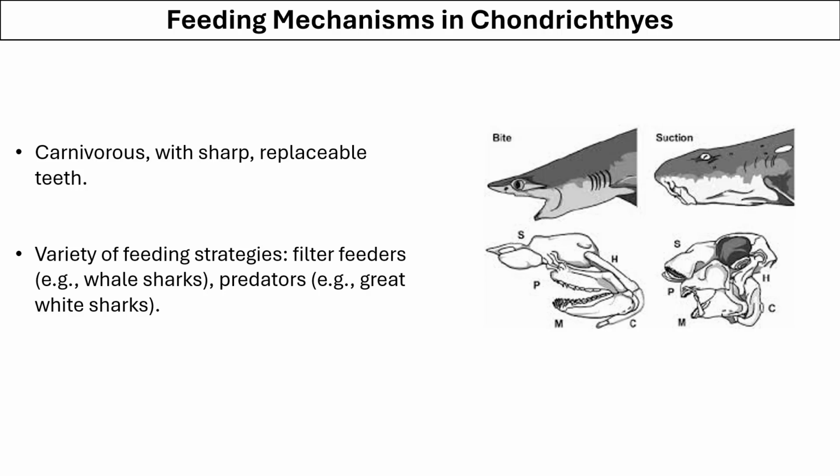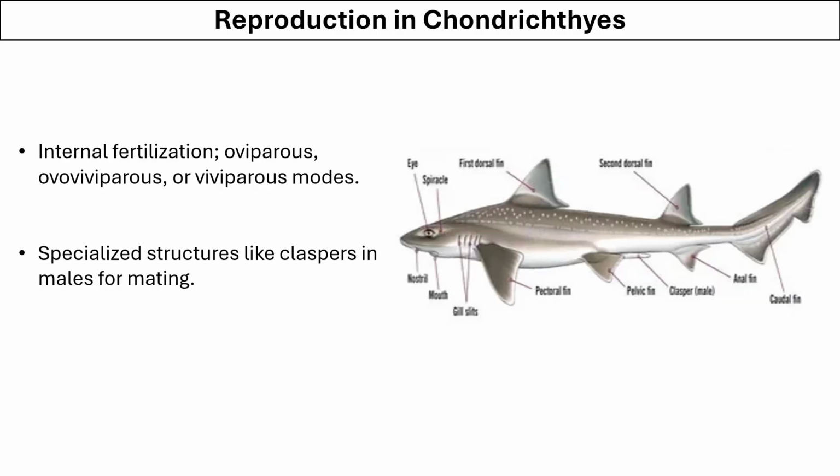They may be filter feeders. That means they only filter some small organic particles from water, as in the example of the whale shark, or they can be predators where they attack the whole animal and eat the whole animal. For example, the great white shark.